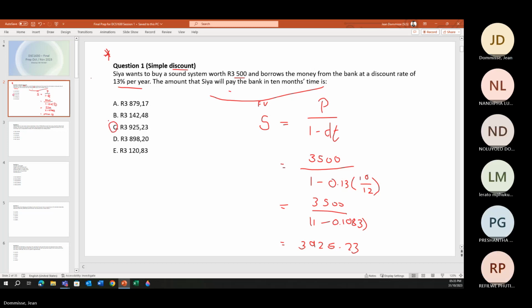Okay, so with this one, we just need to remember we're working with simple discount. So then we work with a simple discount formula.